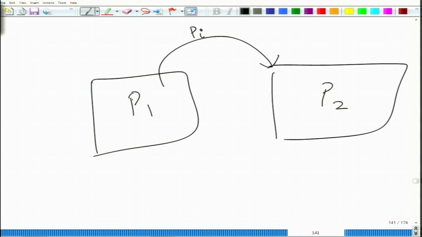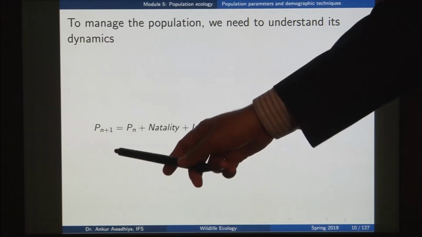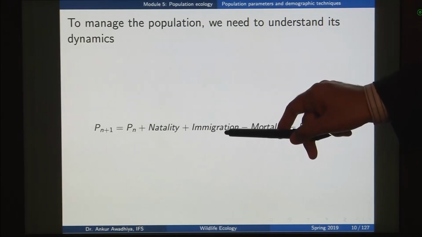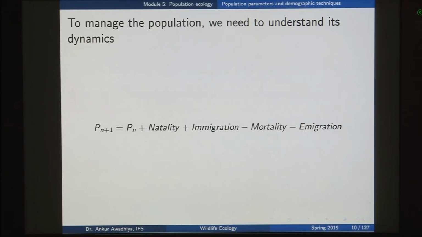So, for the first population we will see that there is an emigration, that is there are individuals that are leaving this population and going somewhere else. But in the case of P2 we are observing immigration, that is there are animals that are moving from some other place into this population. So, in this equation what we see is that Pn+1 is given by Pn plus the addition because of birth and because of immigration, minus the number of animals that are removed from this population.